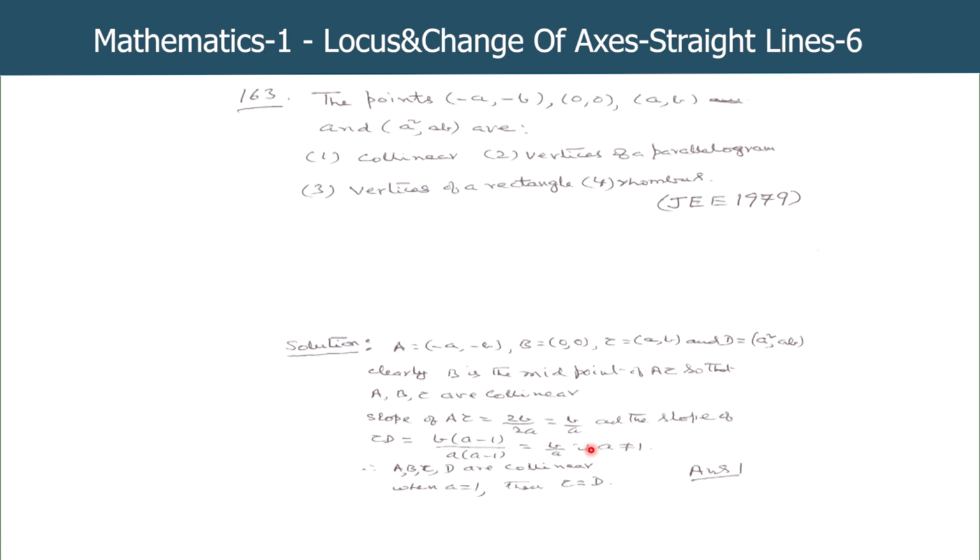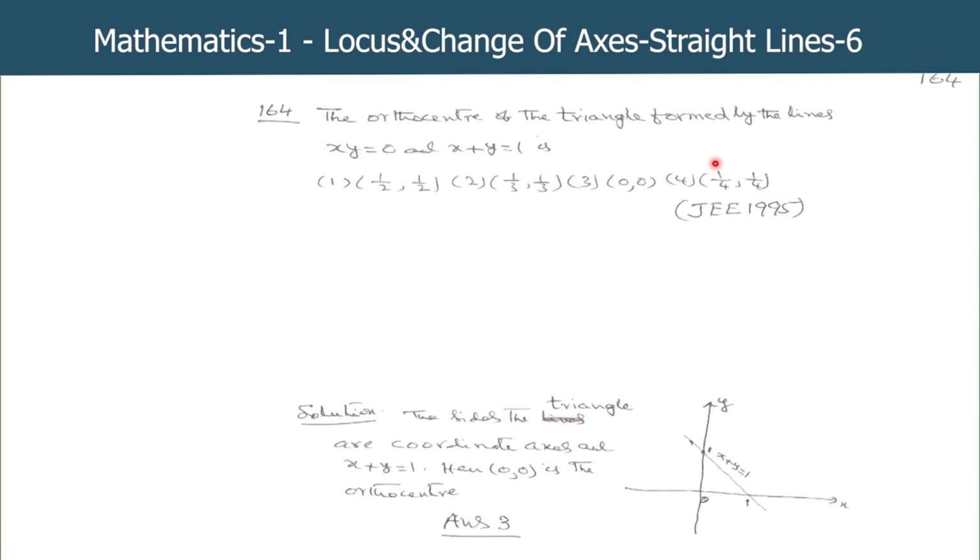One may ask, sir, why A is not equal to 1? If A is equal to 1, both C and D are the same point, and we checked already that A, B, C are collinear. So, in any case, whether A is equal to 1 or not, the points A, B, C, D are collinear. Correct option is option 1.